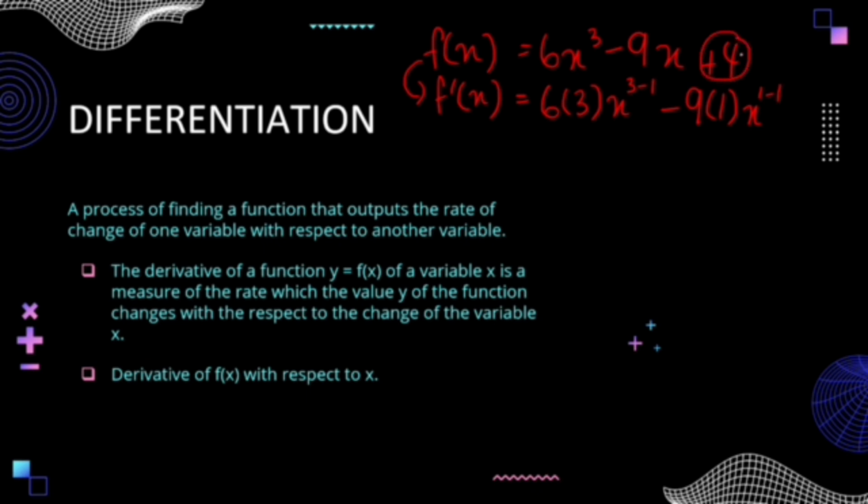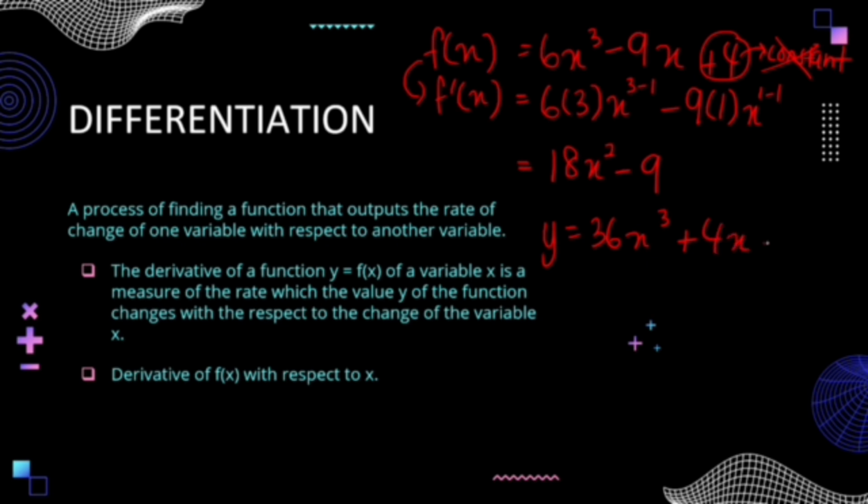So here is a constant. If it's constant, we need to ignore it. So it's going to be 18x squared minus 9.